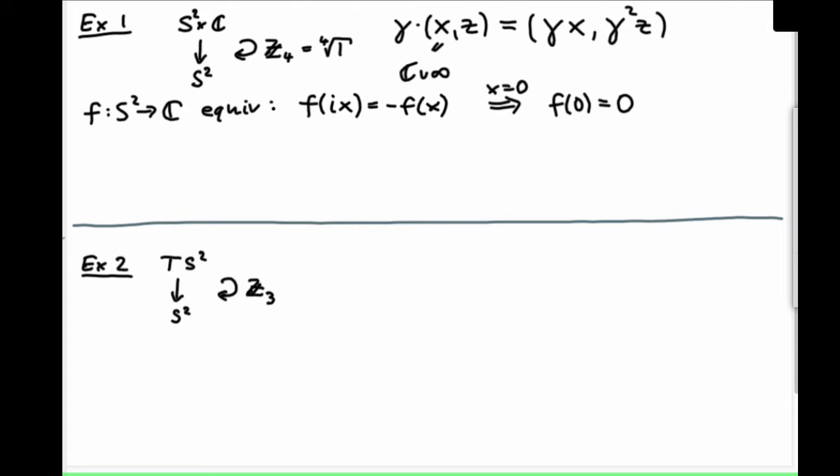Can I make it transverse though? Let's see about derivatives. If I have any path that goes through 0, what does this action tell me about values to the left and the right of 0? That's where I want to look at f of minus x.